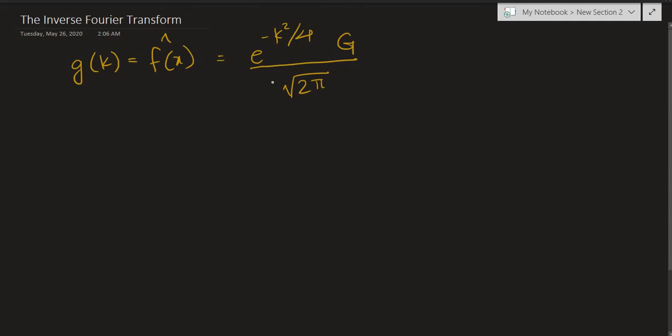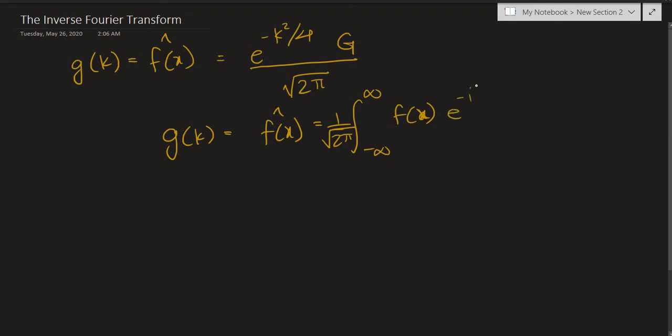and unlike with the inverse Laplace transform, we indeed have a formula for the inverse Fourier transform. So recall that the Fourier transform g of k or f of x hat was 1 over square root of 2 pi times integral from negative infinity to infinity of f of x times e raised to negative ikx dx, right?